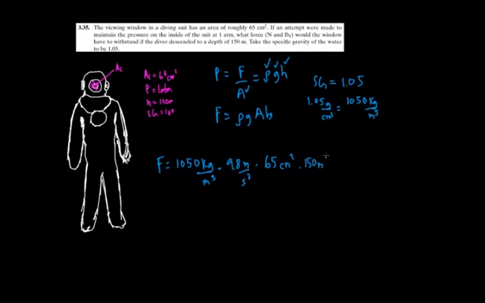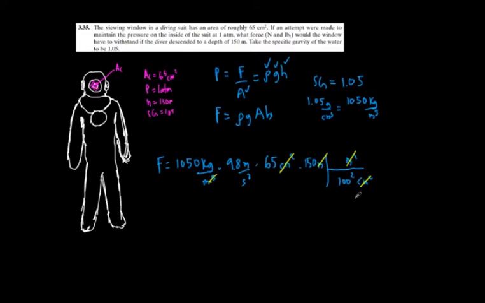And all we have to do is cancel out this centimeter squared with the conversion factor of 100 squared centimeters squared per meter squared. Okay, and these should give out the correct units as we've seen in the last video, but I'm going to do it one more time. Centimeter squared cancels out, meter squared and meters cancel out with meters cubed, and we are indeed left with kilograms times meters per second squared, which is newtons.